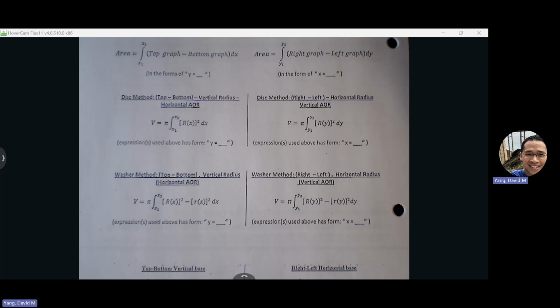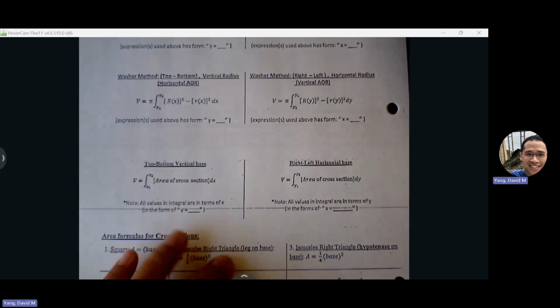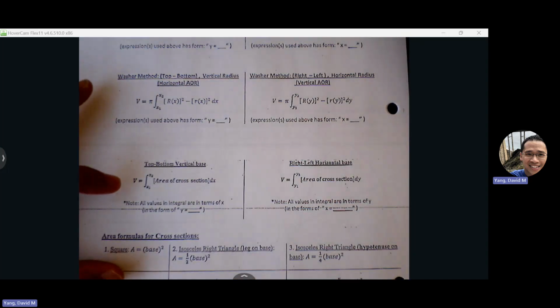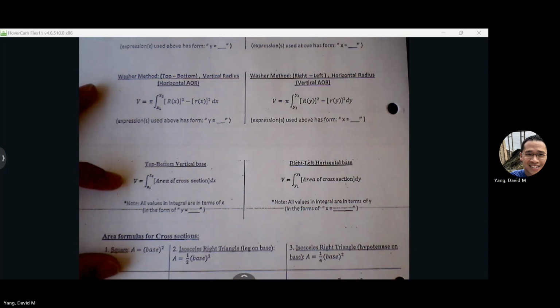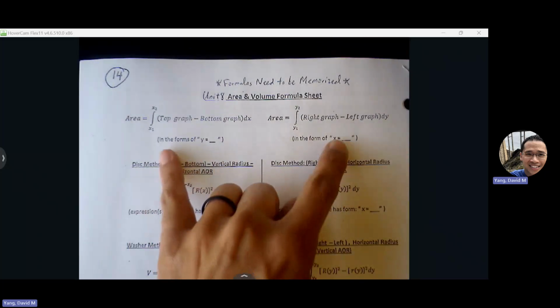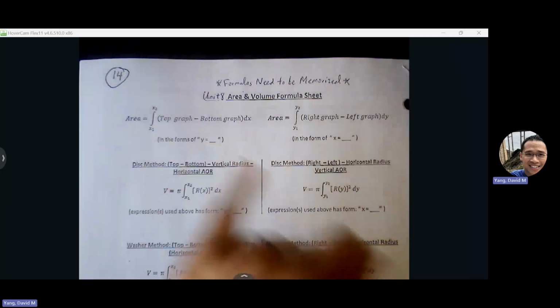It depends on the direction of your axis of revolution for your washer method. And then for volume by cross section, it'll tell you exactly. It'll say parallel or perpendicular to the x or y axis. So for our volume, you're going to be told explicitly which orientation to draw your base length or your radius. But for area, you might be able to choose, but I would say always start with top minus bottom first.